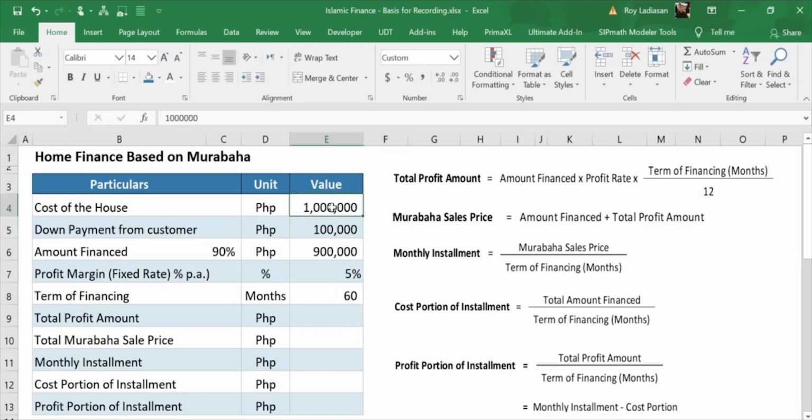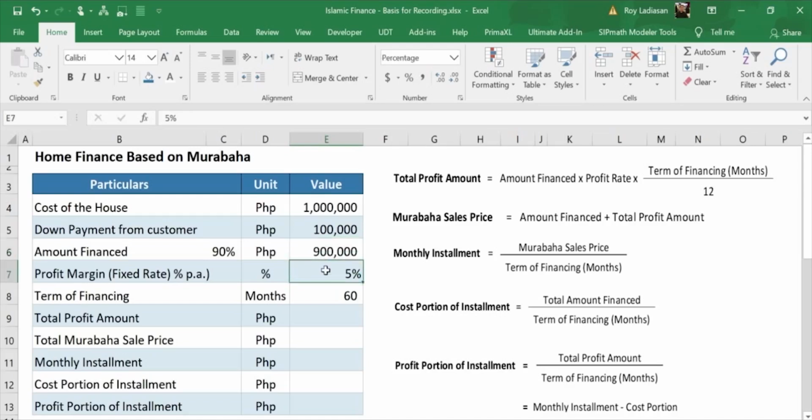The cost of the house is given. The amount is 1 million pesos with a down payment of 10% based on the cost of the house, and that is 100,000 pesos. Therefore, the amount financed is only 900,000 pesos, which is the 1 million minus the down payment.